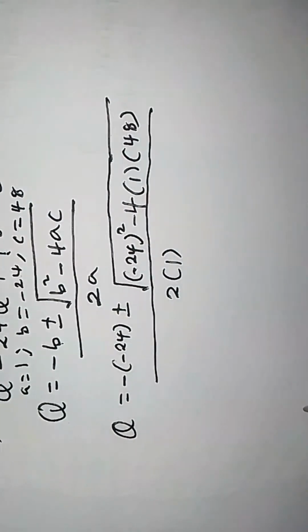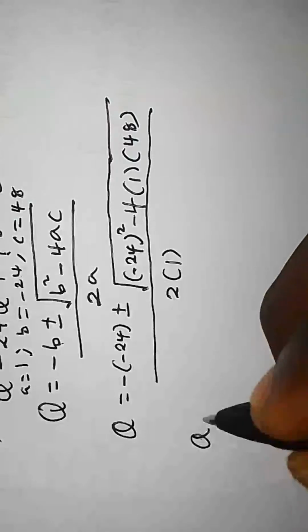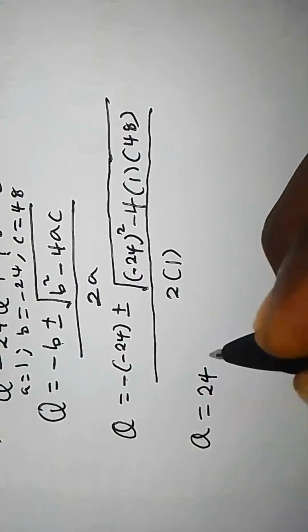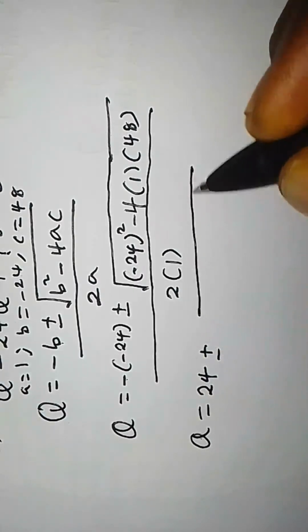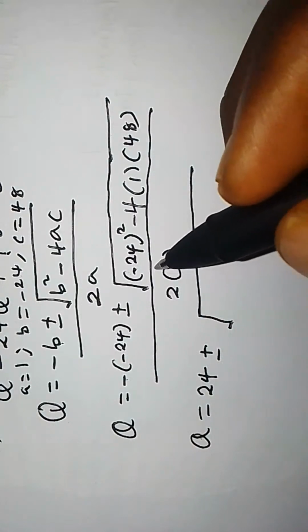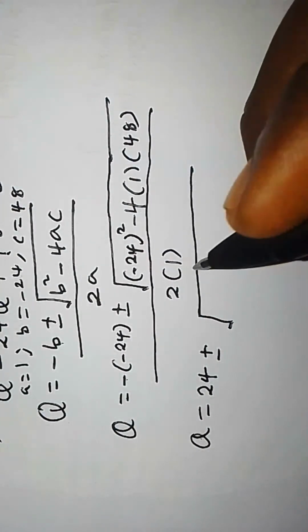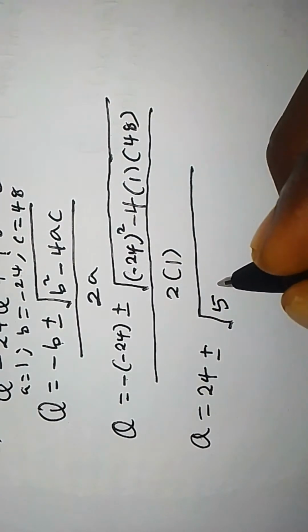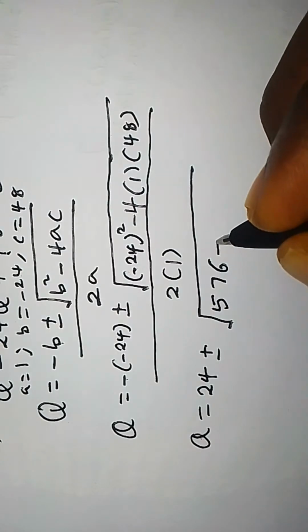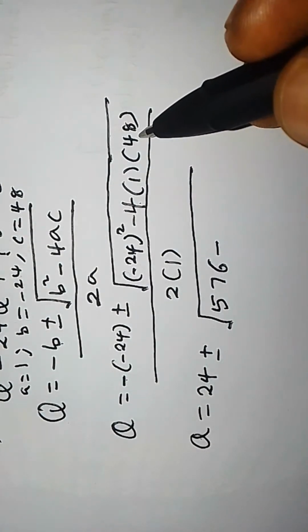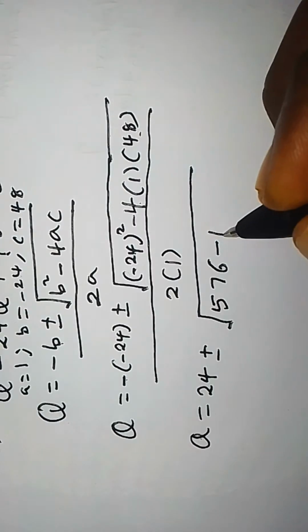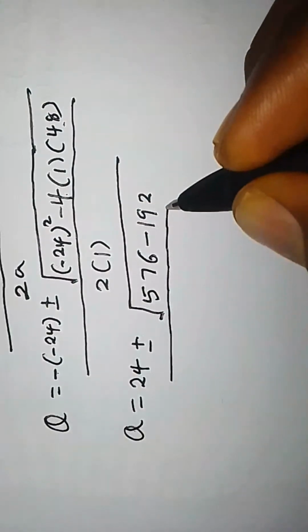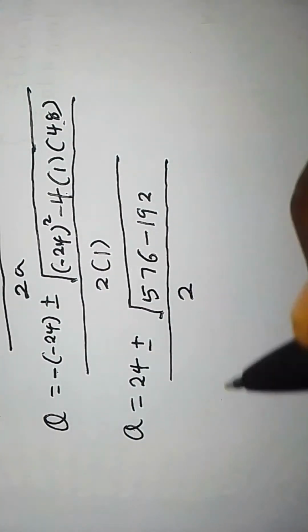Let's proceed further. Q is equal to minus times minus 24, that is 24, plus or minus the square root of negative 24 all squared, which on your calculator is 576, minus 4 times 1 times 48, that is 192. Everything divided by 2 times 1, that is simply 2.